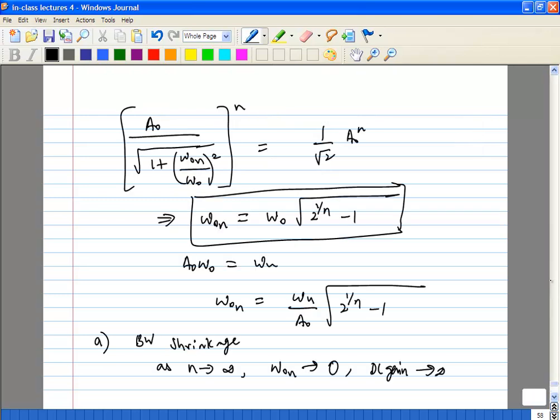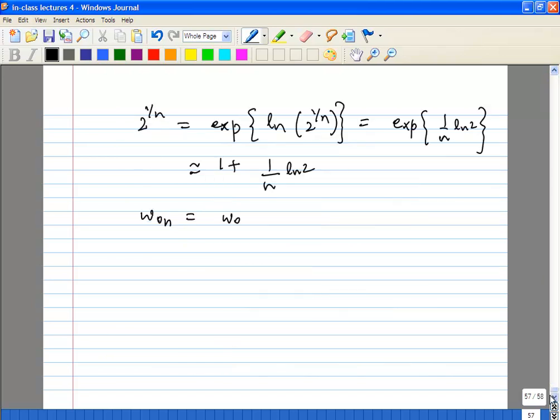Inside the square root you have 2 power 1 over n minus 1, which is just 1 over n ln 2. Which means for large enough n, your overall bandwidth is going to go as 1 over square root of n.